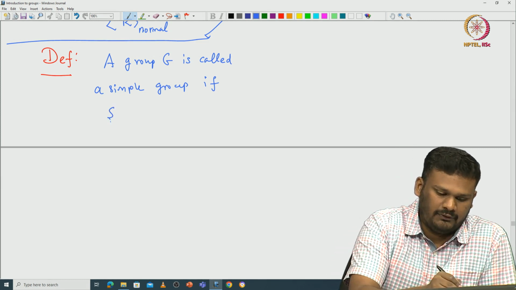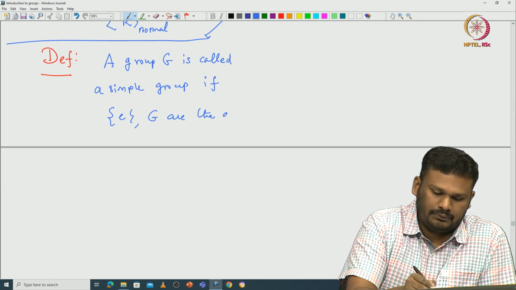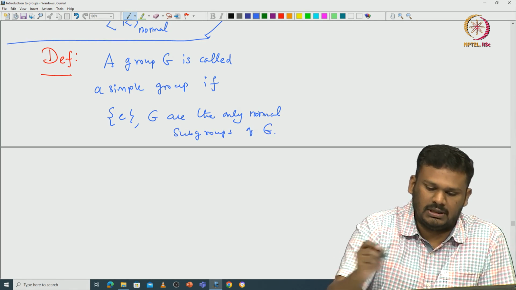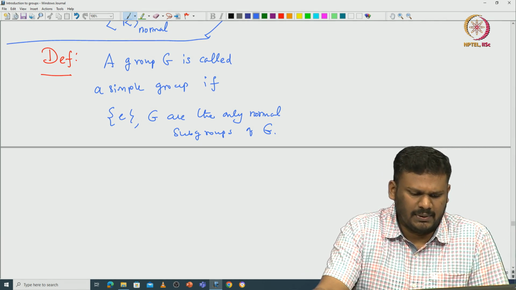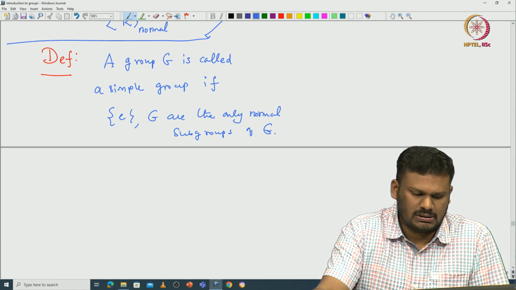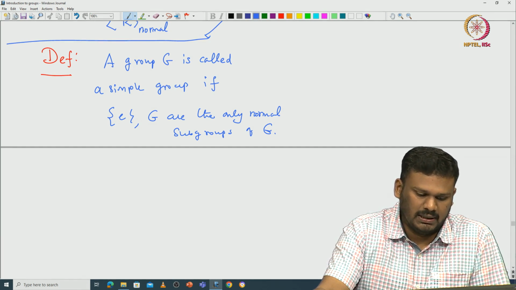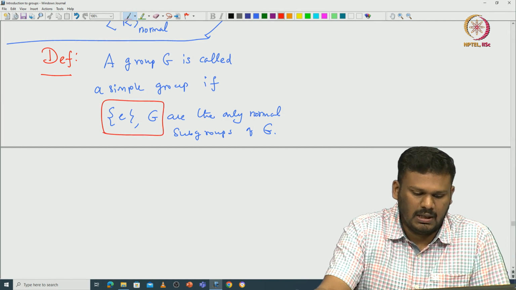So a group is simple if the identity and G are the only normal subgroups of capital G. This capital G, which is called a simple group, has only these two subgroups as normal subgroups, and it is trivial to verify that they are normal.